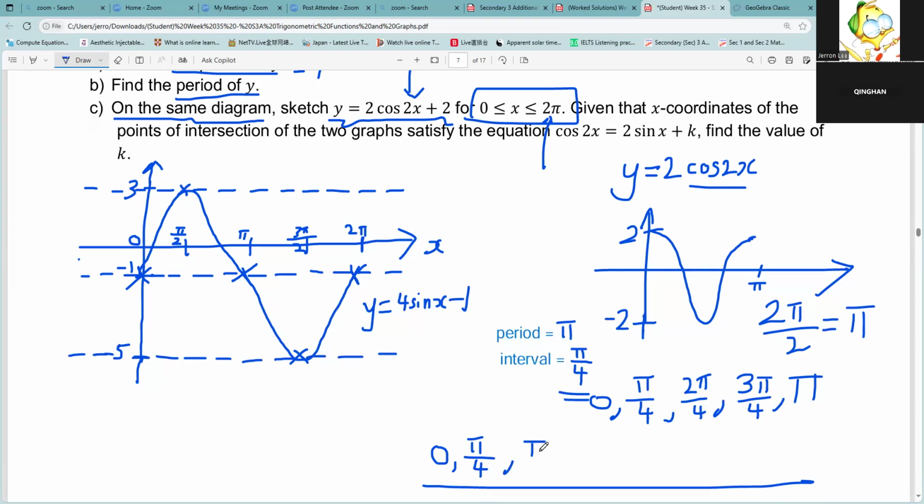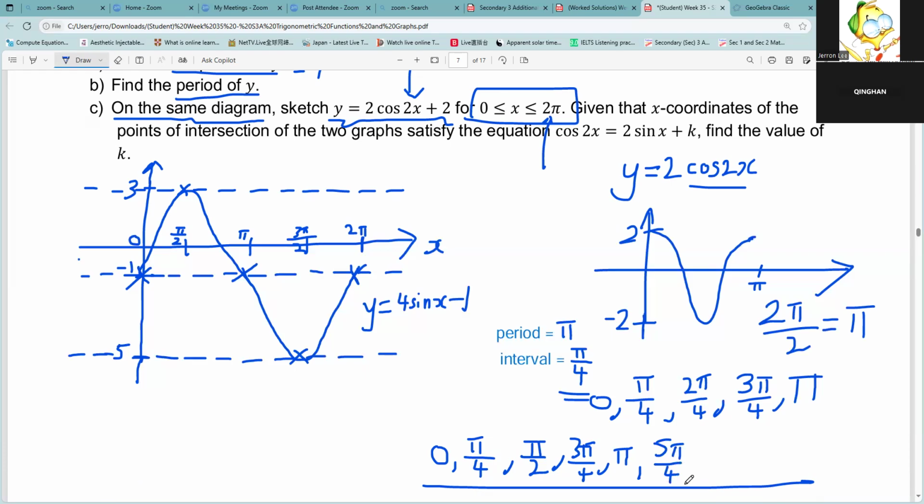So the other one is pi over 2, and 3 pi over 4, remember? Just write this down. And this is 4 pi over 4, which is actually pi. And then 5 pi over 4.